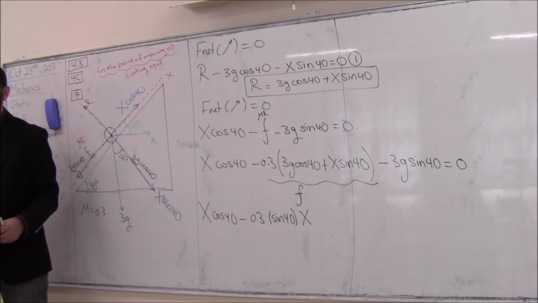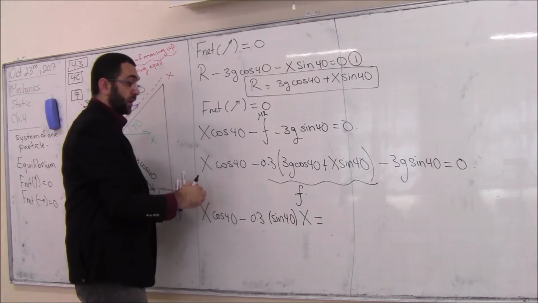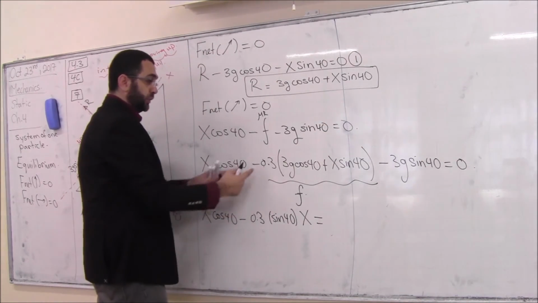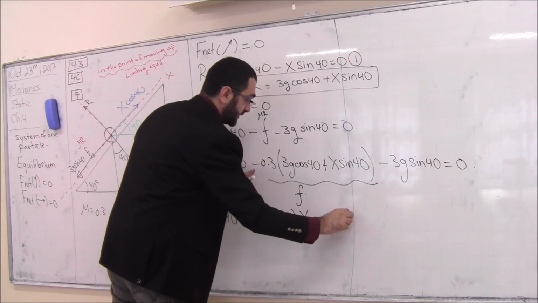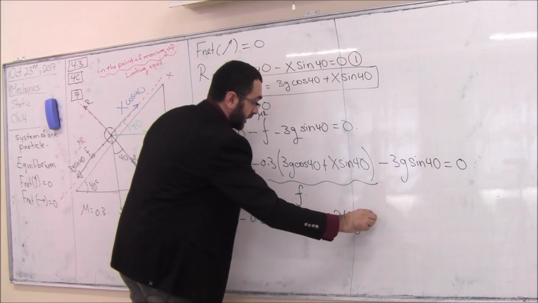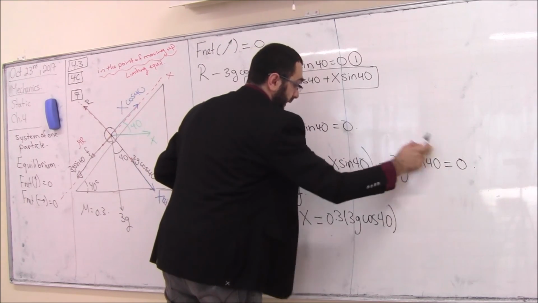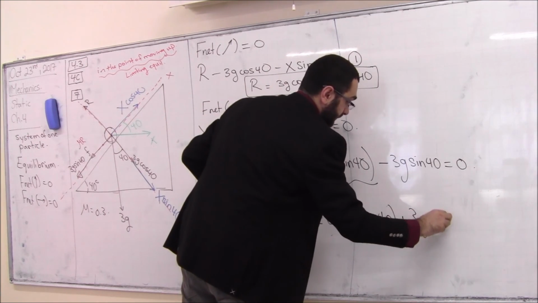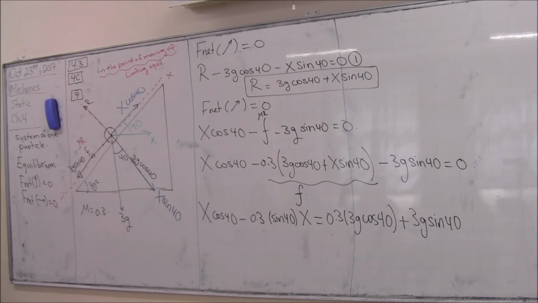Any question about this? Equals. All other terms will be moved to the other side. What other terms do we have? 0.3 times 3g cosine 40 plus this term, where there is no x, 3g sine 40. You got the point? Clear?